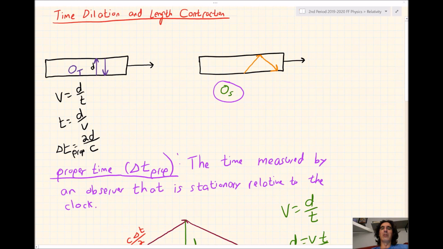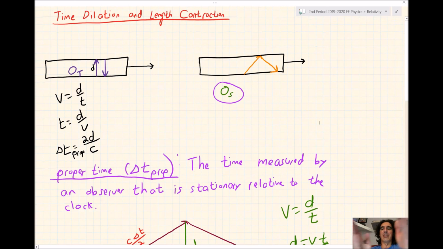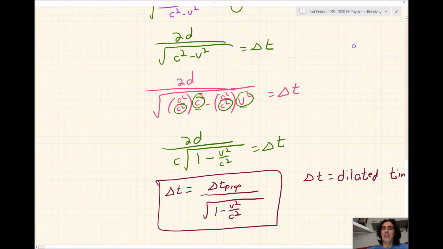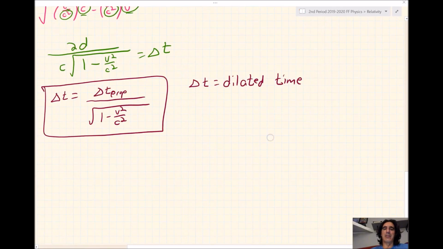So what was 1 second for the person stationary appears to be longer for the person that's moving. So time is slowing down, or it's getting stretched out, we could say. Which means when we do the math, the dilated time is going to be a larger number than the proper time.